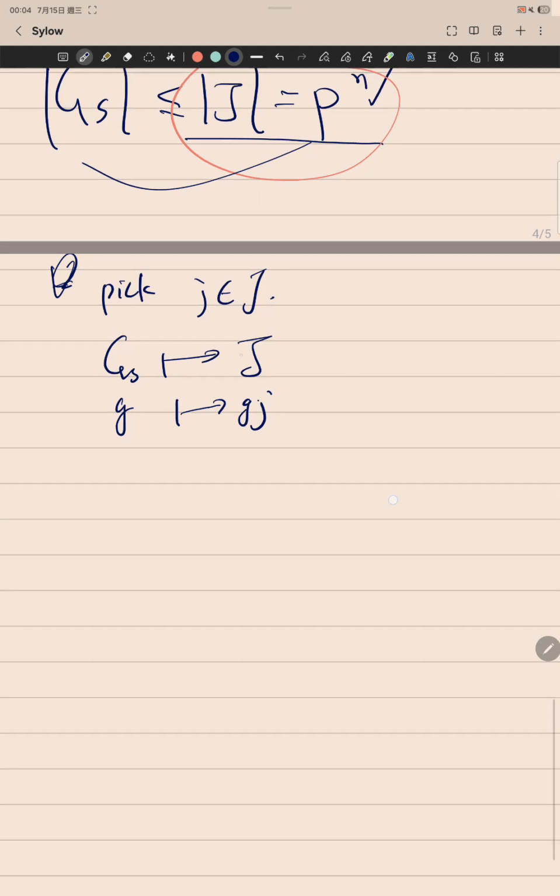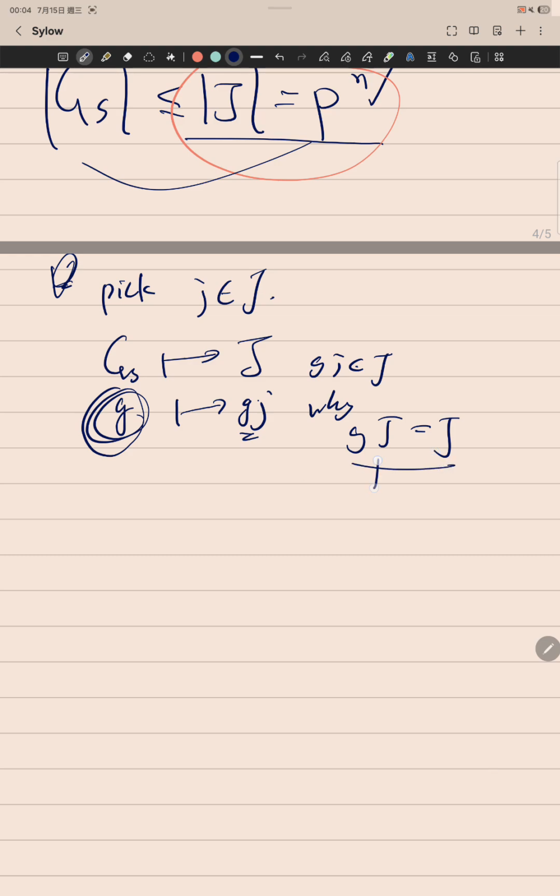By definition, this is a well-defined map because every g maps to gj, and gj belongs to J, because J is exactly the set. If you take element j here, then gj will be some element here. So this map is well-defined.